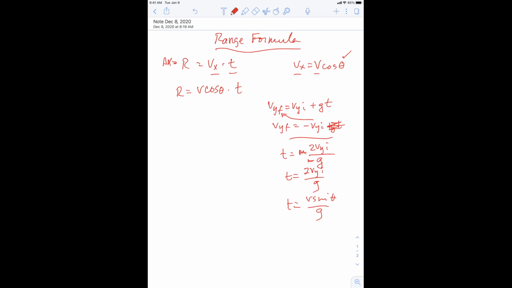I now can plug that into this guy, so that the range is going to be v cos theta times 2 v sine theta divided by g. So now we're left with this little guy. Range is equal to v squared times 2 cos theta sine theta divided by g.